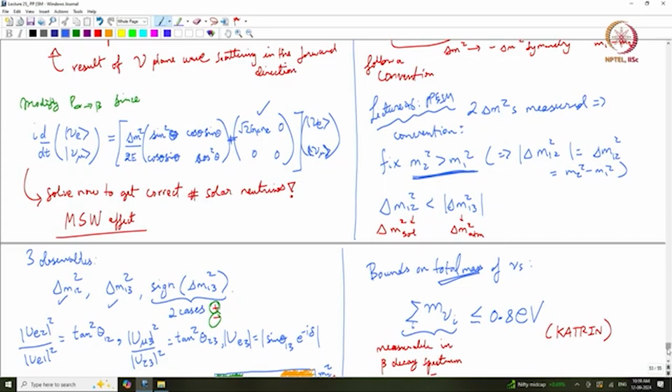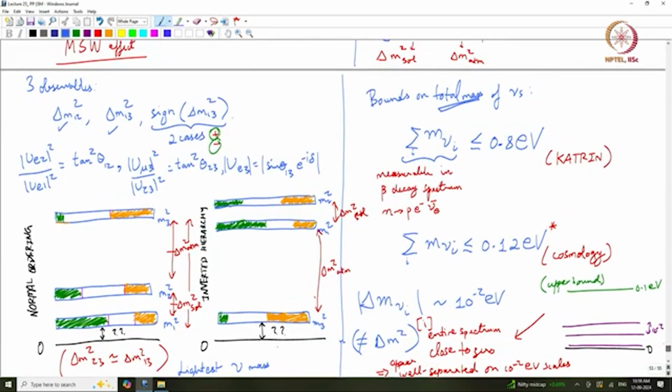So there are 3 observables: delta m12 squared, which is positive, delta m13 squared, and of course the sign of delta m13 squared.